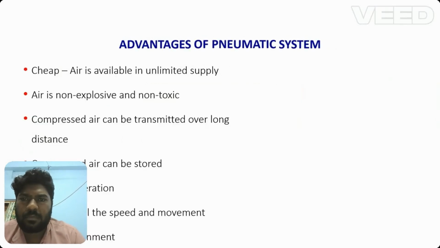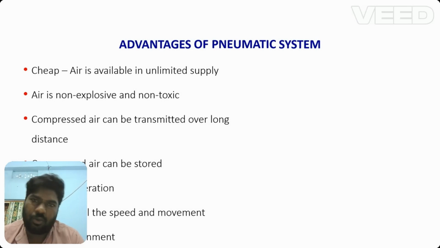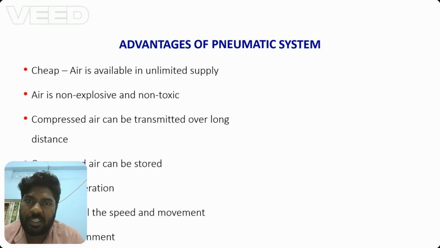So next thing we have is advantages and disadvantages. Whereas coming to advantages, as we know, air is cheap, which is available in unlimited quantity in our atmosphere. The only thing we need to do is place a compressor and we need to pull the air.